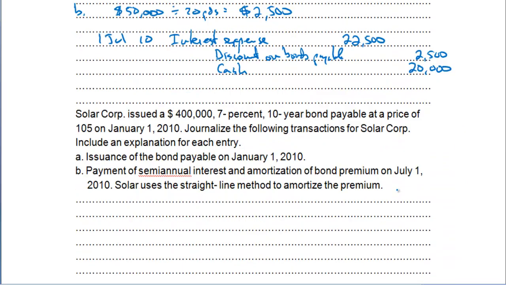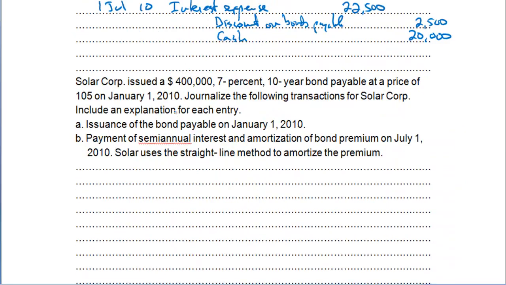Okay, going the other way, a premium now. Solar Corporation issuing a $400,000, 7% 10-year bond at a price of 105, so a premium. Again, issuance. Okay, so on the 1st of January 2010, debit cash, and it's at 105. 105 times 400,000 means that they collected $420,000 from the issue of the bonds.